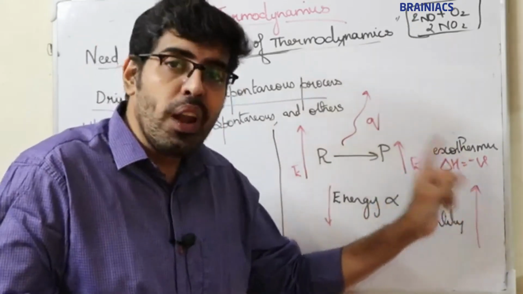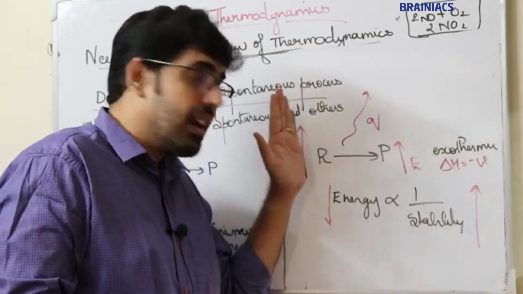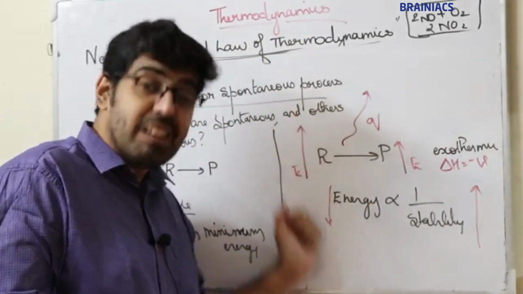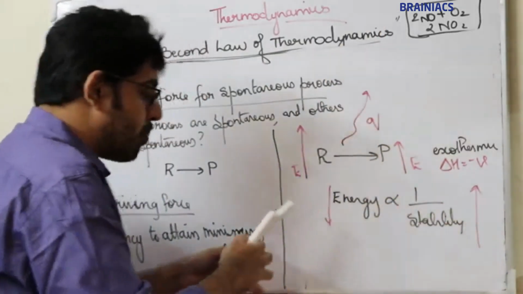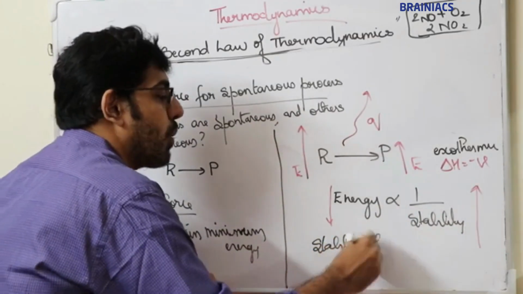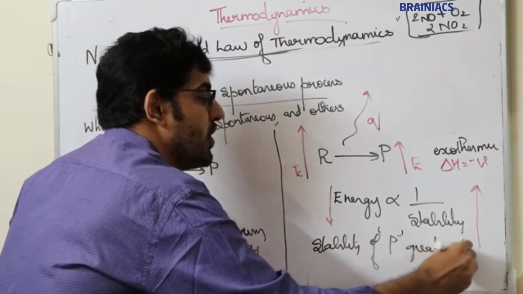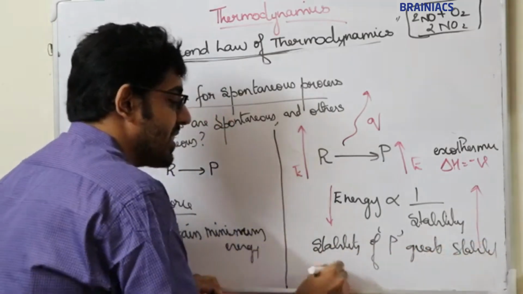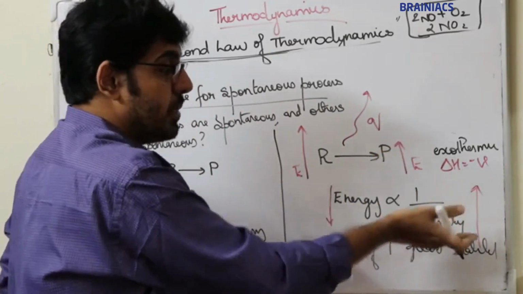So in all exothermic processes, the stability of reactant is less than that of product, because the energy of product is less, so the stability will be greater.